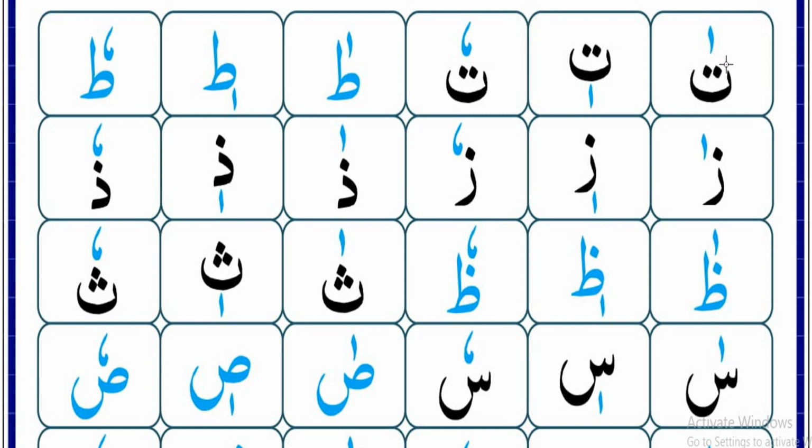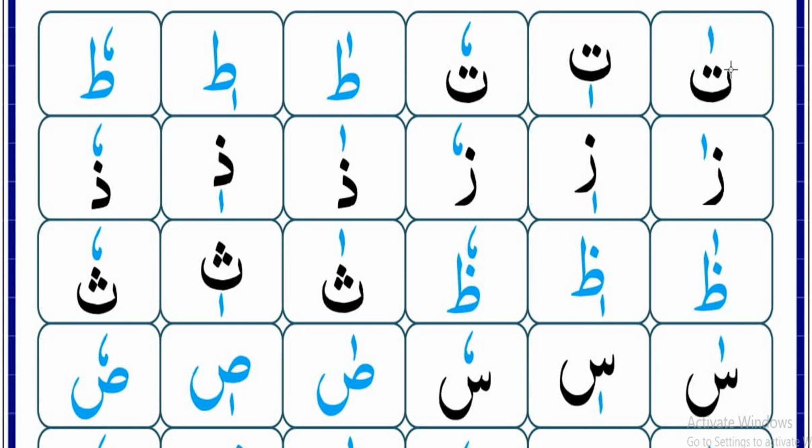And then we have tanween, the double signs, like double fatha, double dhamma, double kasra, fathatain, kasratain, dhammatain. And this is the third type of sign, what we call vertical harakaat or standing harakaat in simple words.